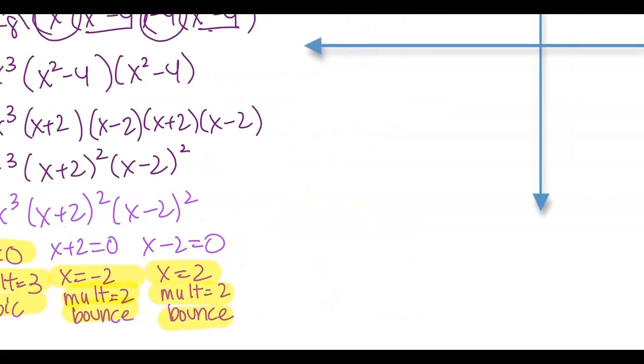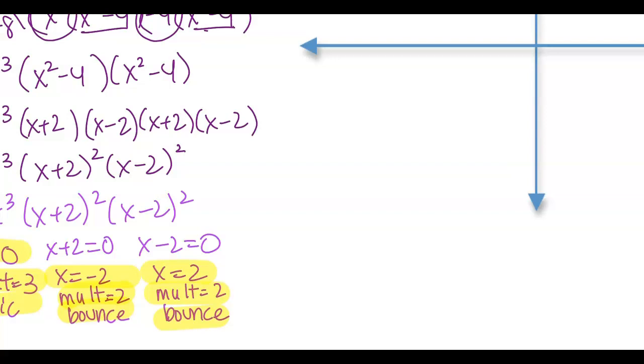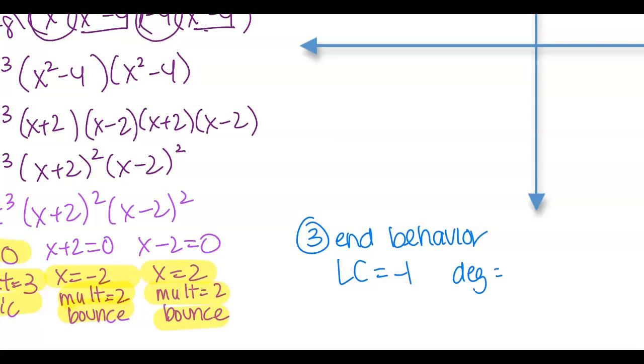All right, last 2 things that I need. I need the end behavior, and I need the y-intercept. So the last, or second to last thing, I need the end behavior. Valerie E. My leading coefficient here is what? And what's the degree? 7. When you have an odd degree and a negative leading coefficient, what's going to happen to the ends?